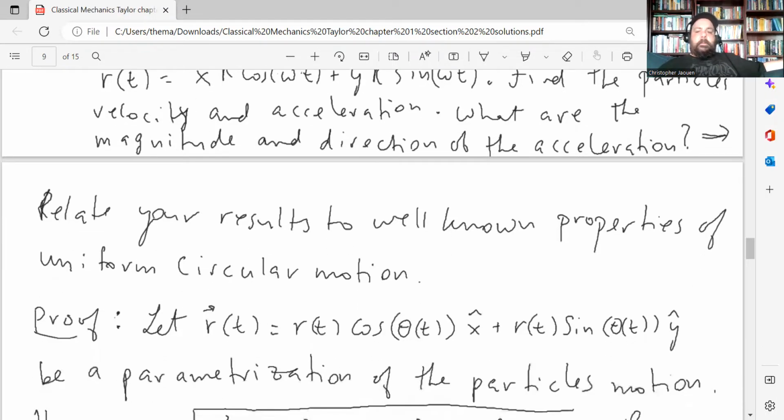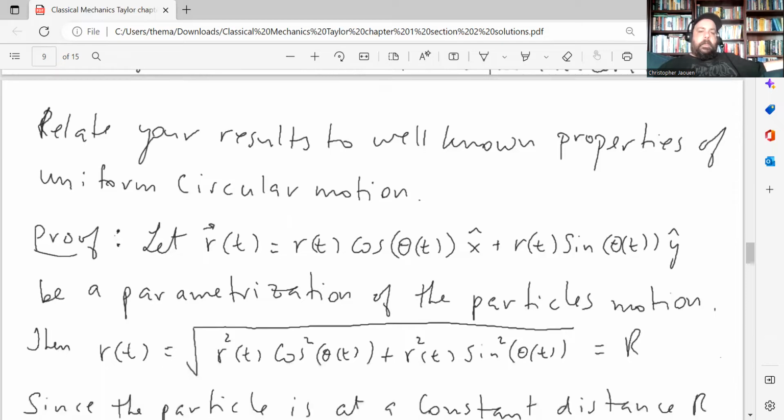All right, so here I'm going to start with a parametrization of the particle's motion. So the vector r of t is equal to r of t cosine omega t x hat plus r of t sine omega t y hat.